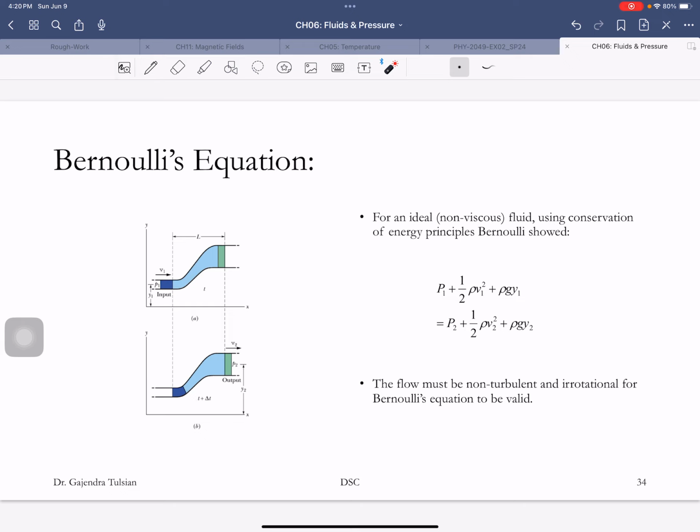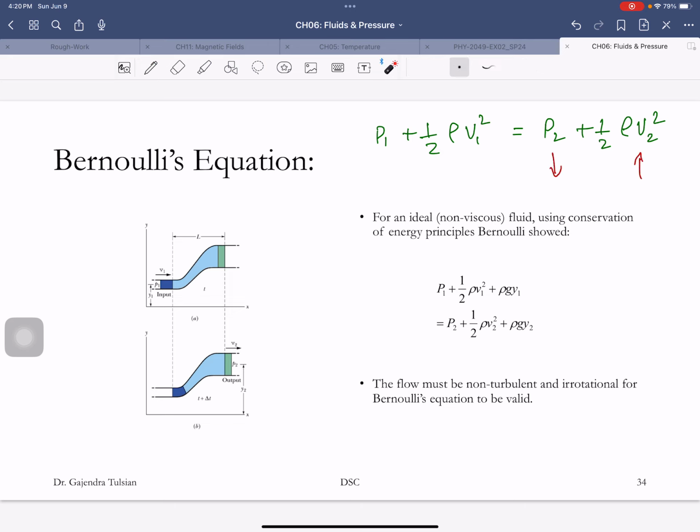What we'll be mostly interested in is the following. We'll mostly consider where the fluids are at the same level. So let me write this. P1 plus 1/2 rho V1 squared equals P2 plus 1/2 rho V2 squared. So if a fluid is flowing faster, if this term is higher, the pressure drops.